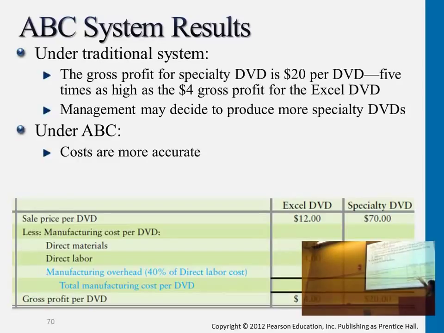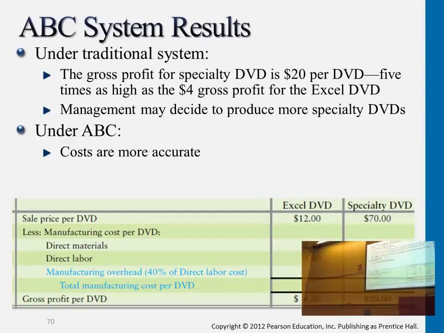Add these costs together, subtract it from sales, it tells us that per disc you're able to gain profit $4, right? What about the right-hand side? $20 per DVD. So it seems like this profit is a lot higher than Excel, right? Because this is the base, we're capturing the base of per DVD's cost and its profit.